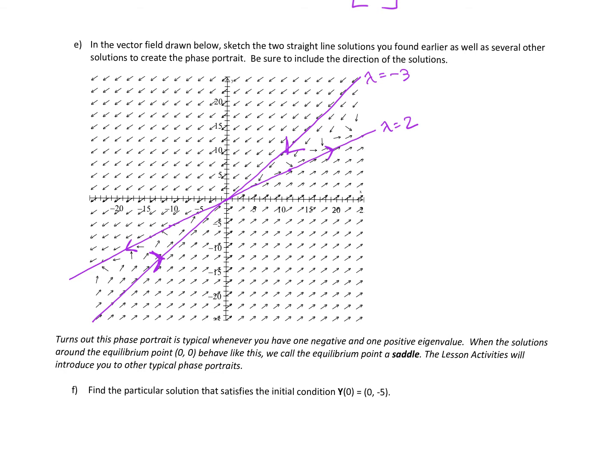And then I'm going to plot several other solutions. Just pick some random initial conditions and follow the vector field. So it looks like they do something to the effect of that. And then put the arrows in that follow the vector field. And then in here, this kind of goes like that.